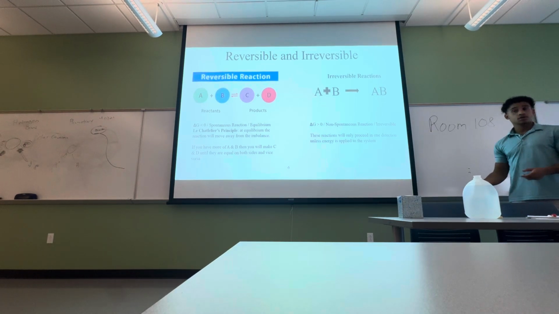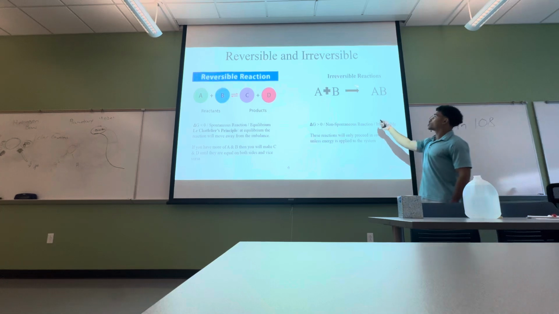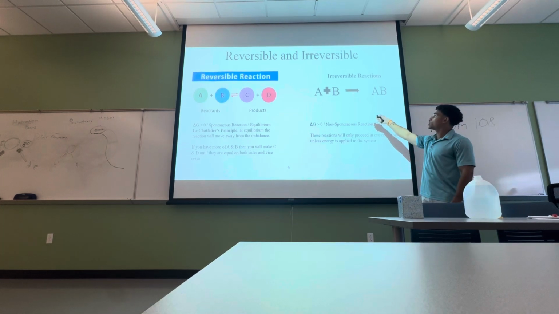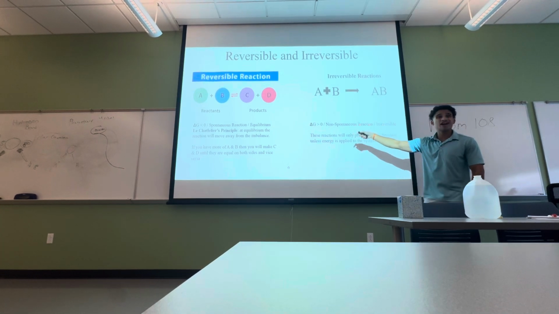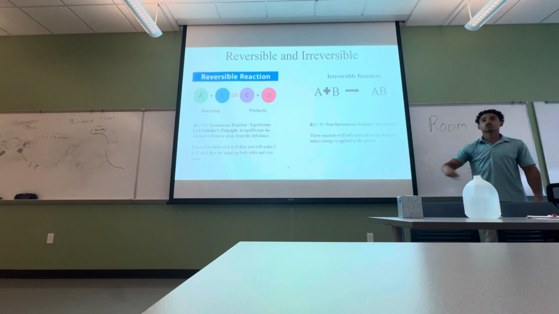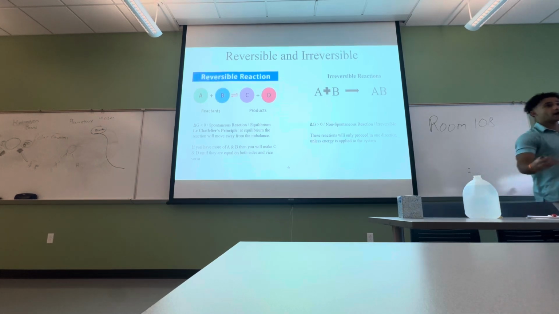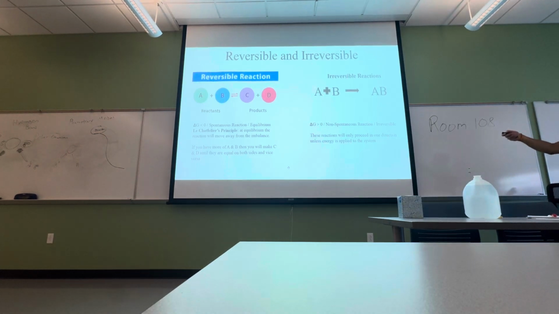So, instead of having this straight arrow this way, sometimes people will draw a very small arrow going back that way, and you'll see it in lab. Because it's not like you can't take this and go back there. It just requires a lot of energy to go back, a lot more than it took to go this way. Again, the path of least resistance. It takes less energy to move this way than it would to go that way. And that's what non-spontaneous reactions are, or irreversible reactions. You can still go in the opposite direction.